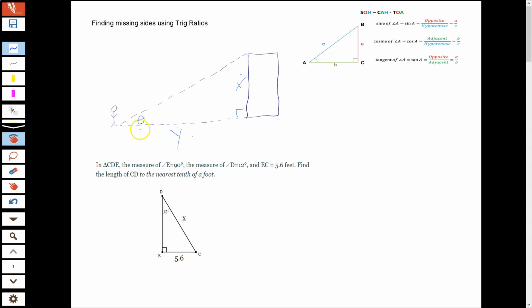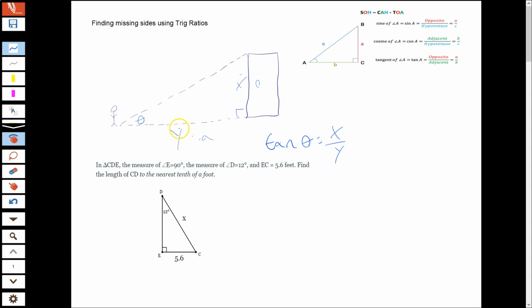And in this case, notice I have an angle, and then I have the opposite side and the adjacent side, right? So opposite over adjacent is tangent. So the equation I would write would be tangent of theta equals opposite over adjacent, so x over y, okay?